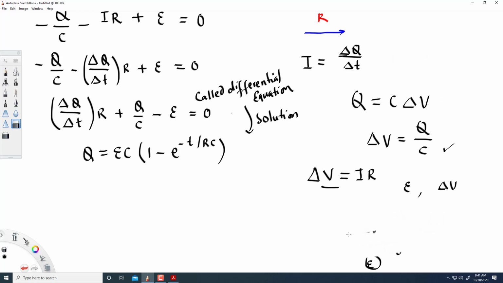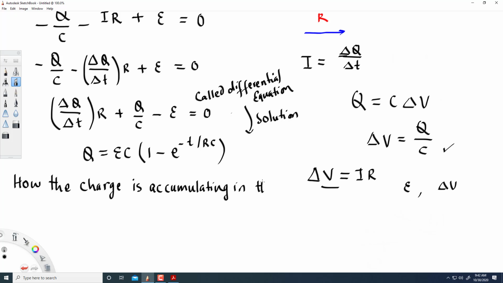Okay, so the next, let's look at the next part of the question. So this equation, let me tell you this one first, and then we can answer that one. This equation tells us how the charge is accumulating in the capacitor as the time passes.